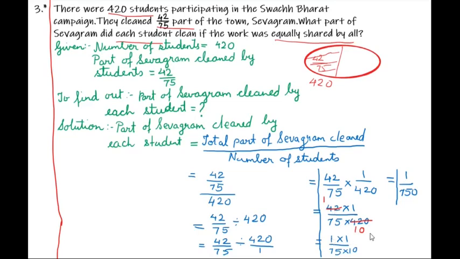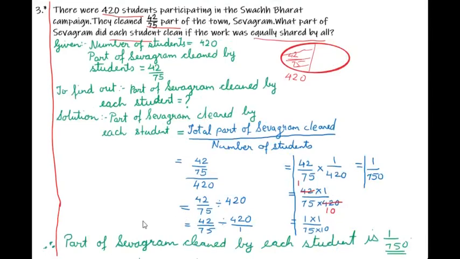Cancellations, 42 ones are 42 tens are. 1 into 1 upon 75 into 10 is equals to 1 upon 750. So once again, listen students, you will write this part first. After this you will continue this, and after this you are going to continue last answer. Therefore our last statement will be, therefore part of Sevagram cleaned by each student is 1 upon 750.